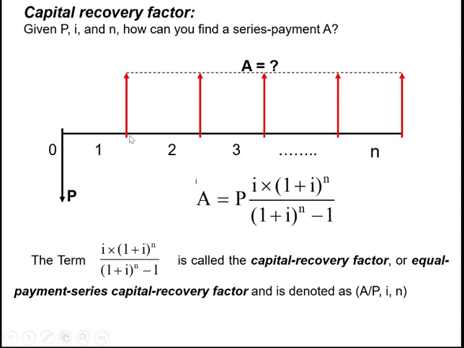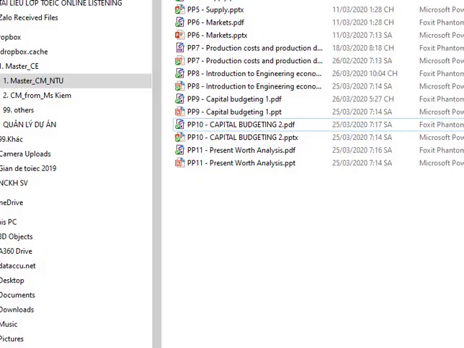Look at this figure here. You can see that we have a given present worth, a given number of periods, and a given interest rate.